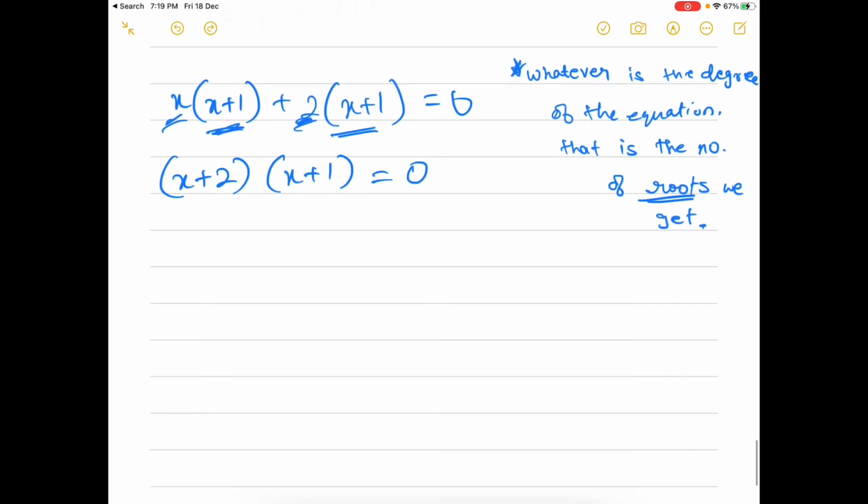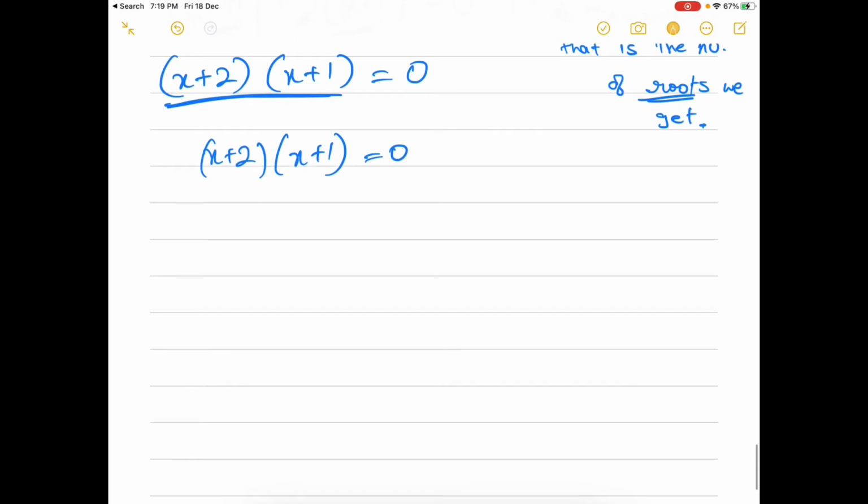Okay, so now let's solve this and find the value or the root of x. Now that we have seen x plus 2 when multiplied with x plus 1 gives us 0, either x plus 2 can be 0 or x plus 1 can be 0.